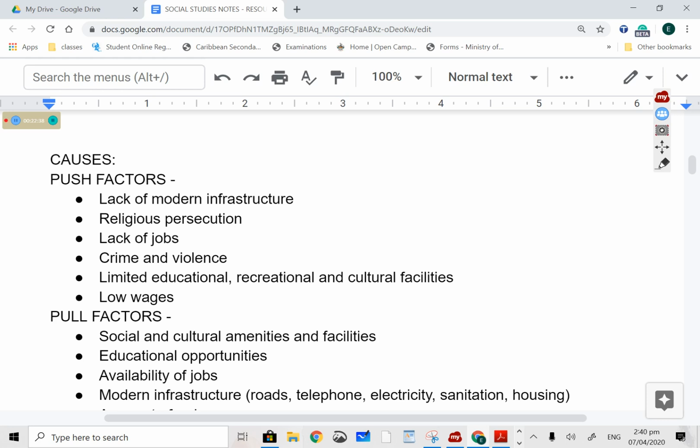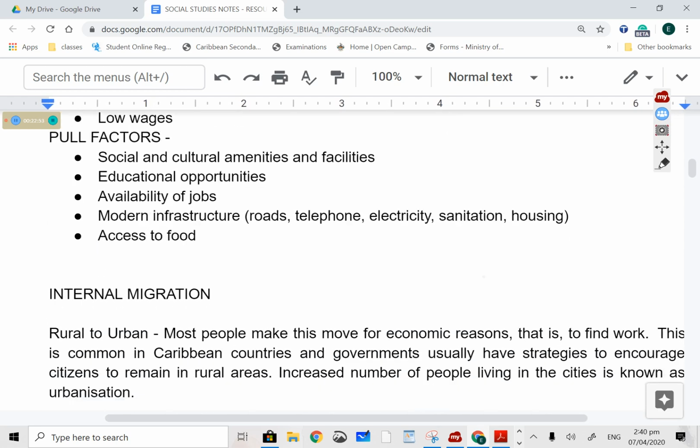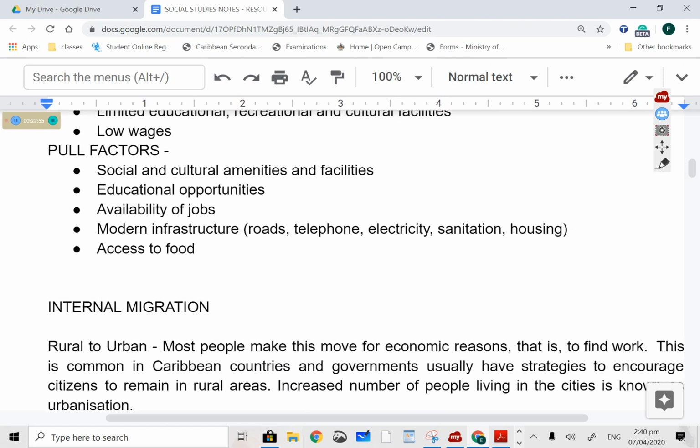So there are certain things that will make people basically unhappy, or sometimes it will make life really difficult for them. So they decide to move, okay? And with that, they will have to decide where they are going, and that will be influenced by pull factors.